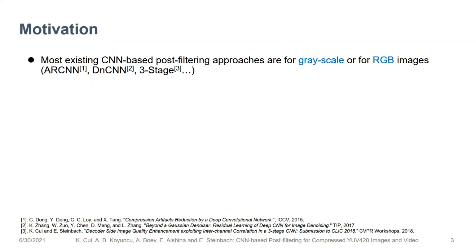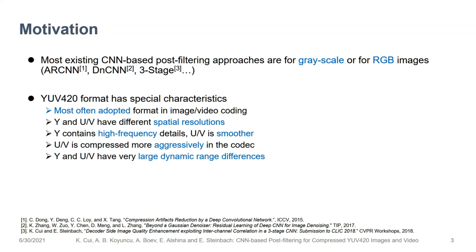The YUV format is the most often adopted format in image and video coding, and it has some special characteristics. First, the Y channel and the UV channels have different spatial resolutions. Second, the Y channel contains more high-frequency details, and the UV channels are smoother. Third, the U and V channels are compressed more aggressively in the codec.